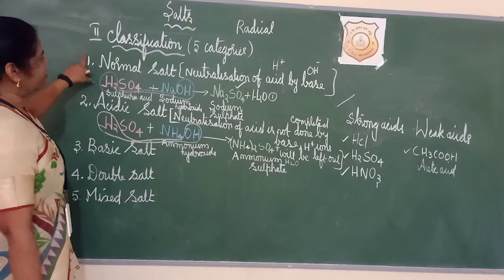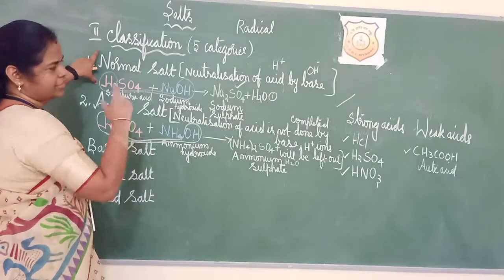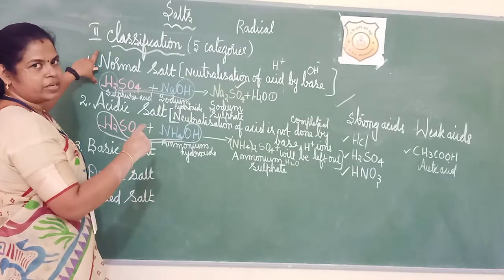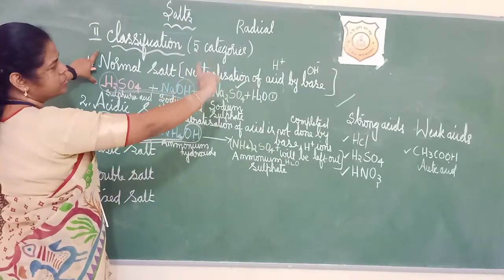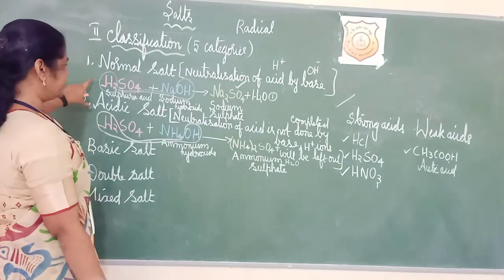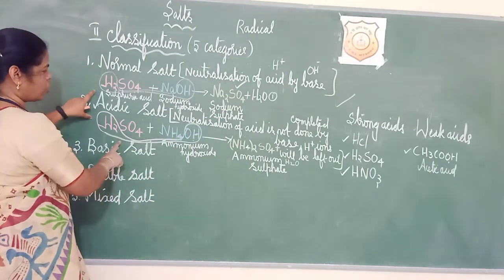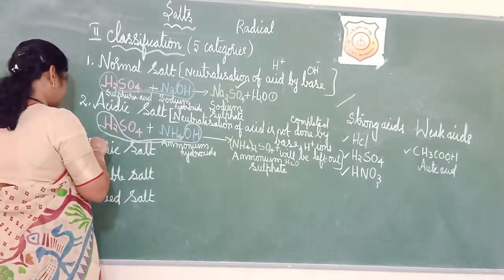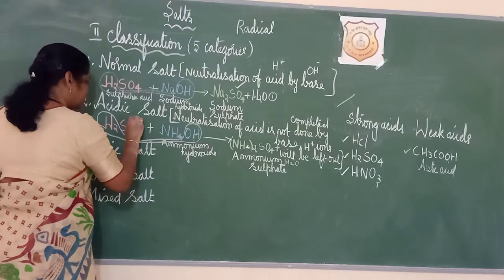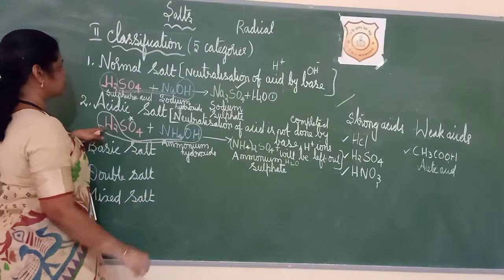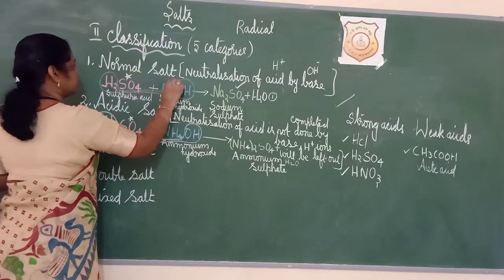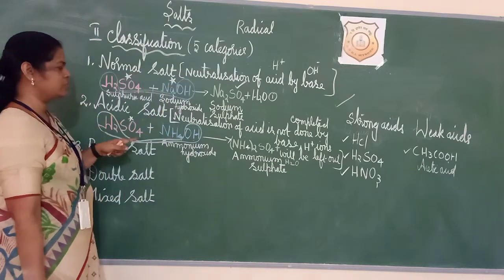Okay, shall we have a recap? Normal salt is where neutralization takes place, but nothing will be left out. All hydrogen ions and OH ions will be neutralized. But in acidic salt, what happens? Strong acid. I put strong, means I will put one star for them. Okay, this is strong. And here also both are strong. Acid is also strong, base is also strong.